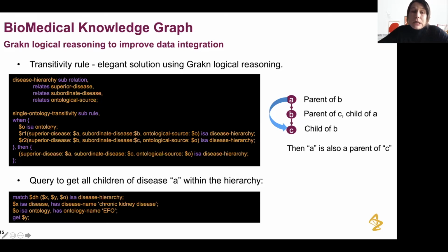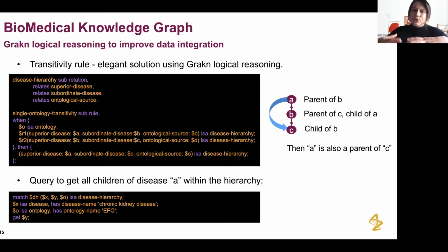And we are saying in our single ontology transitivity rule that if you have parent A, child B, and B has a child C, then A is also a parent of C. That's pretty much all we are saying.